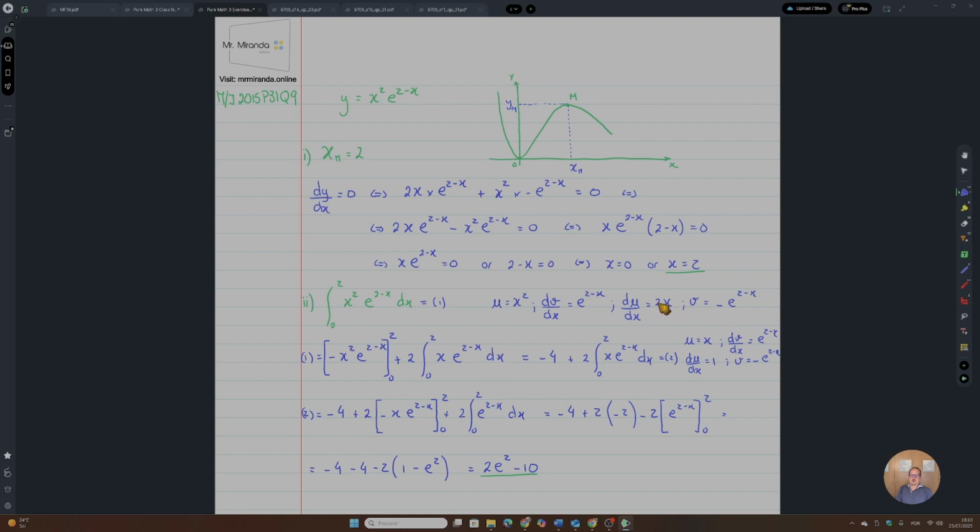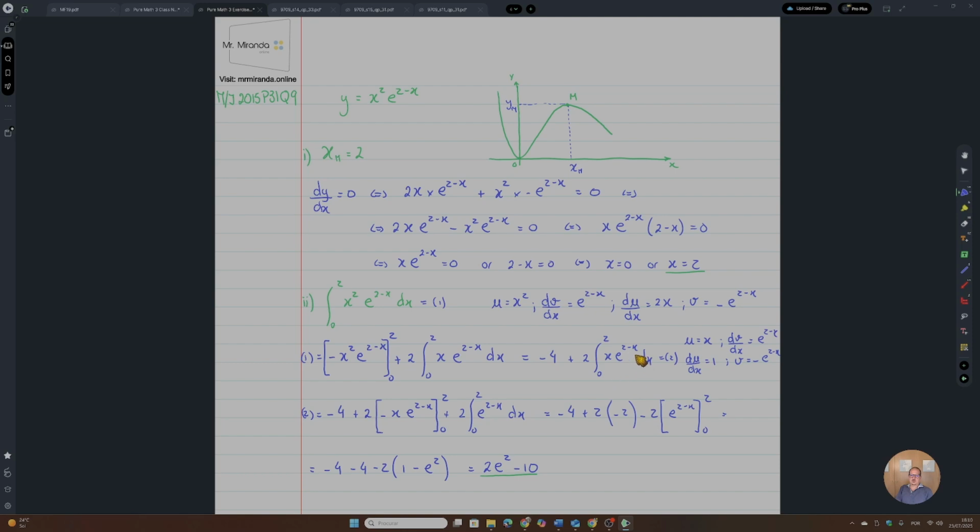I already put the minus 2 outside. The minus and the minus becomes a plus, and I take the 2 outside. So now I have this. And this can be calculated, this is going to be minus 4. But if you look over here, you don't know how to solve this again.